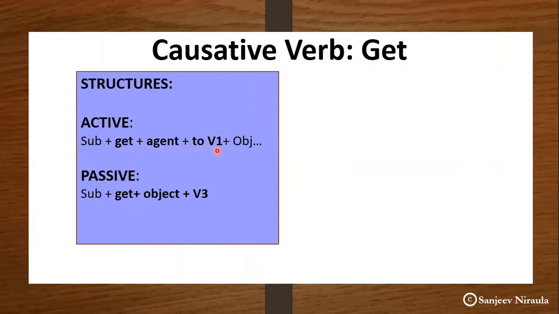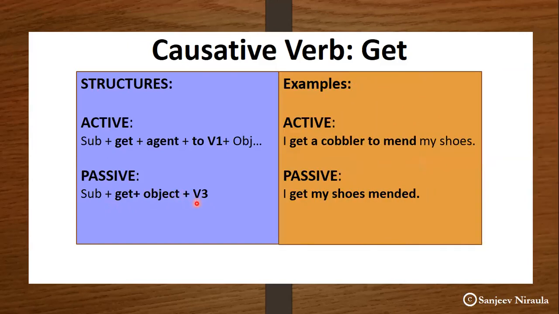That's a tree. So get plus agent plus to infinitive, whereas in passive, if agent is not given, if only object is given, then we always use verb third. Get plus object plus verb third in the case of agent missing. For instance, I get a cobbler to mend my shoes, whereas in passive, I get my shoes mended, obviously by the cobbler, and agent is missing, that's why it is the passive form.